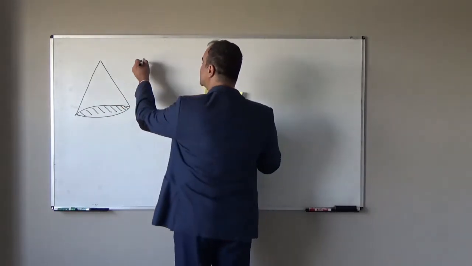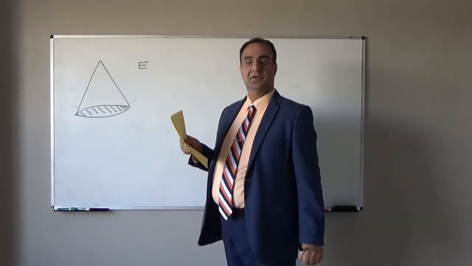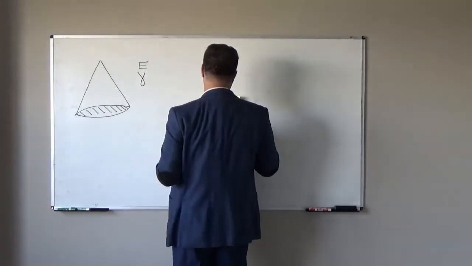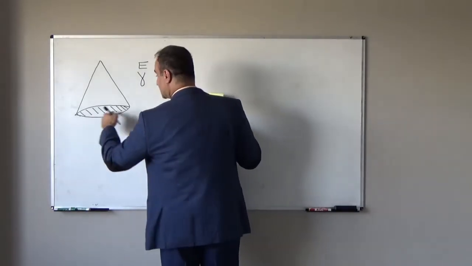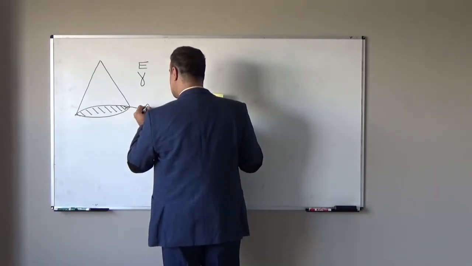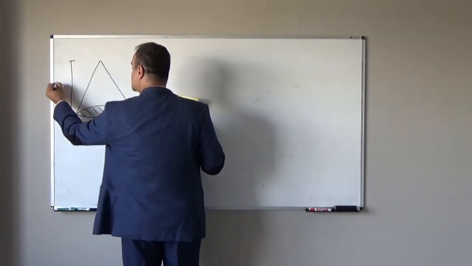Young modulus is E, which is known. Unit weight is gamma. I know the unit weight is gamma. And the cross-sectional area at the base is A naught. The height is H.